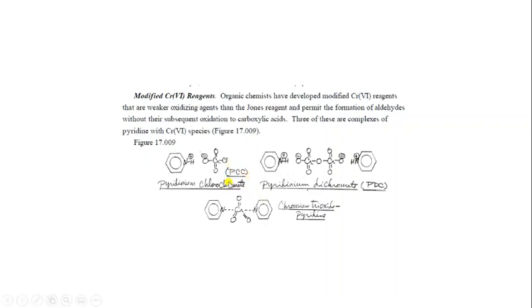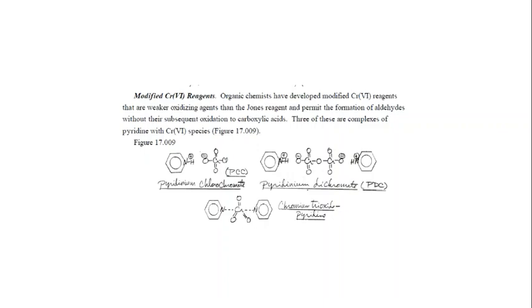PCC, that is called the pyridinium chlorochromate. But if the same reaction is repeated on the other side also, then we get the other reagent, that is called the pyridinium dichromate, that is called PDC. So this PCC and PDC are specific oxidizing reagents that we usually try in organic chemistry to bring about the selective oxidation.